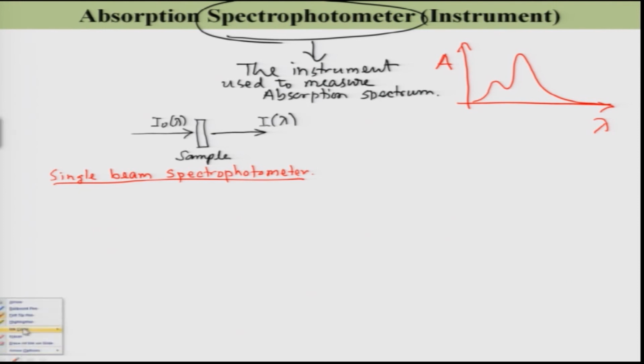So, I have a light source over here, which could be a simple tungsten filament lamp, an incandescent lamp which you see in everyday life, depending on the choice of wavelength, right. If I want visible light from 450 nanometer to 800, 900, 1000 nanometer, then the normal tungsten lamp is good enough.